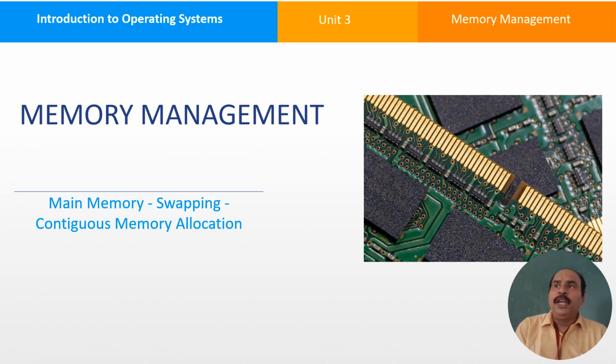Today we are going to begin with the third unit, which is memory management in operating systems. In the first unit, we covered the general objectives and functions of operating systems. We got an introduction to what an operating system is and what functions it has to do in your computers.